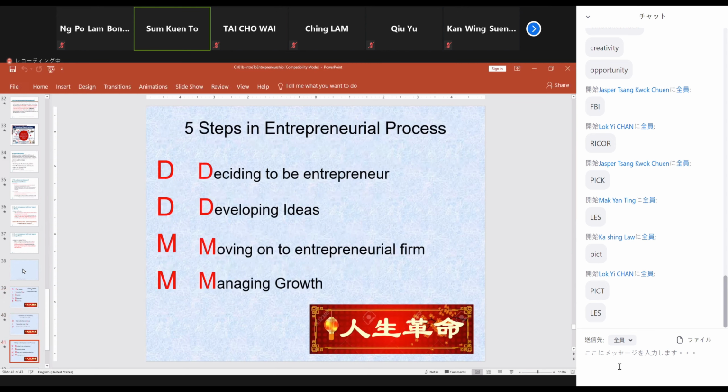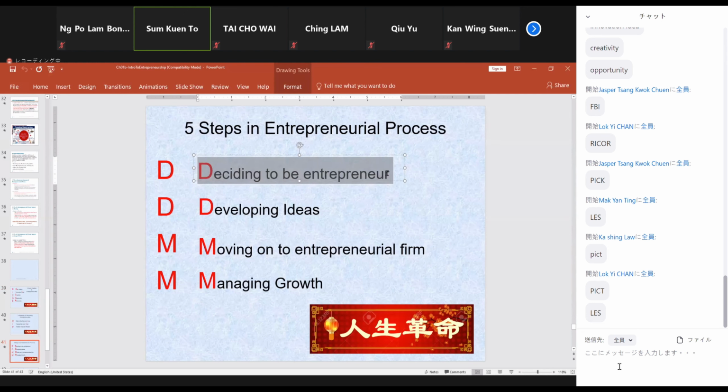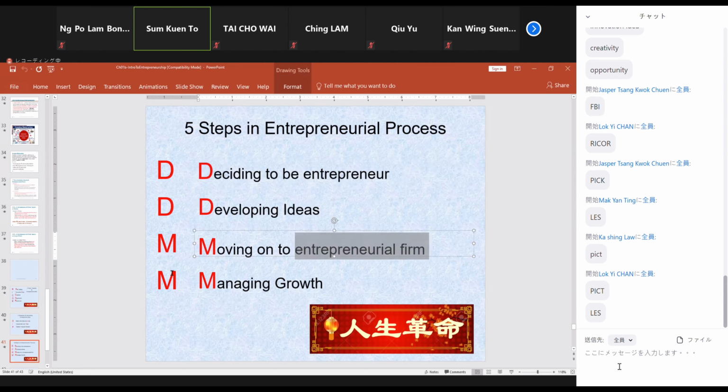And yes, people also say the five process, not that important, but the overall concept, PDMM, is in the beginning of the lecture notes. Yes, after I graduate, I don't want to work for somebody, so I want to be an entrepreneur. You have an innovative idea, and then you try to start thinking about starting a firm. And after you start, you are being successful.